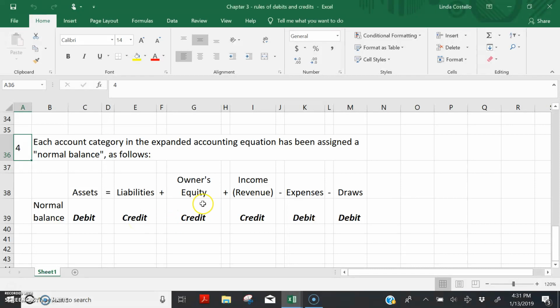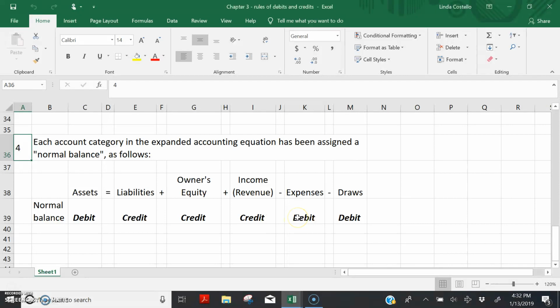Owner's equity, which in a sole proprietorship is the owner's capital account, has a credit balance. All income and revenue accounts have a credit balance. So fees income, commission income, consulting revenue, sales, for instance, all have normal credit balances.